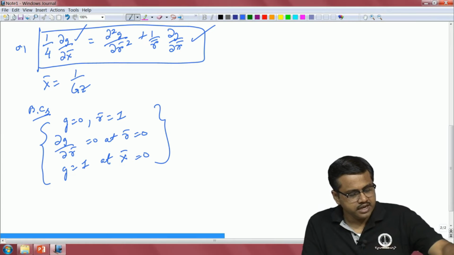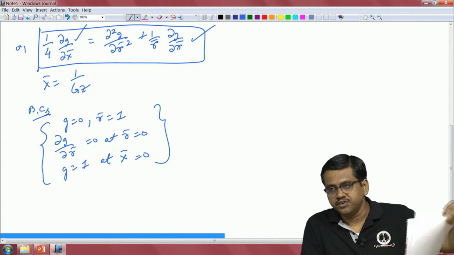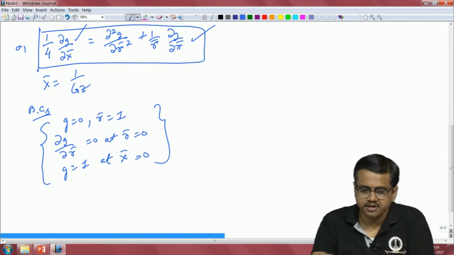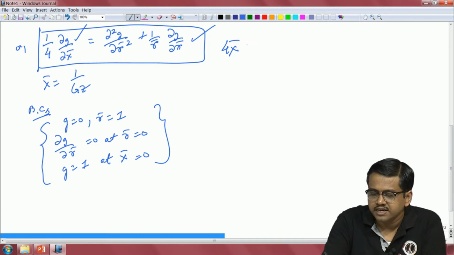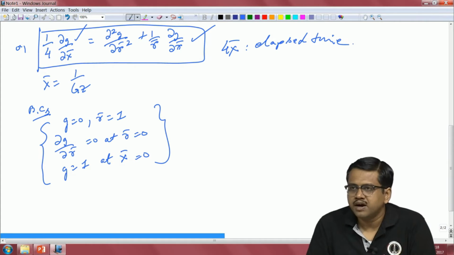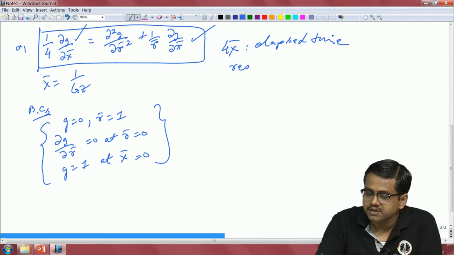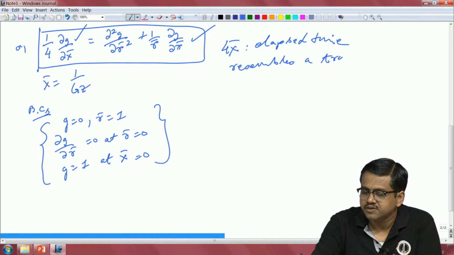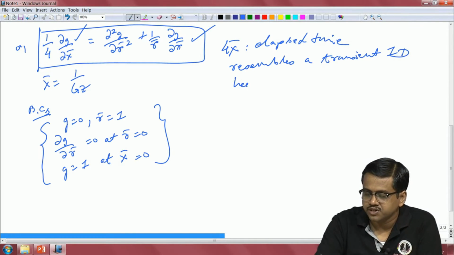It is an interesting observation nonetheless that 4 x bar is nothing but your elapsed time. So, it resembles the transient 1D heat conduction equation.